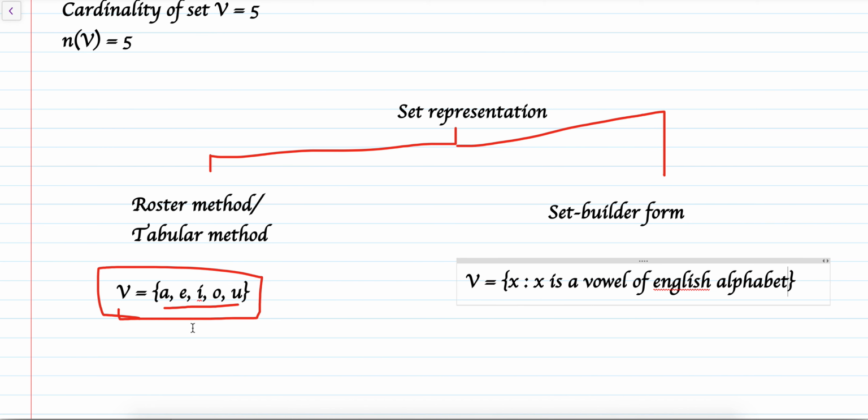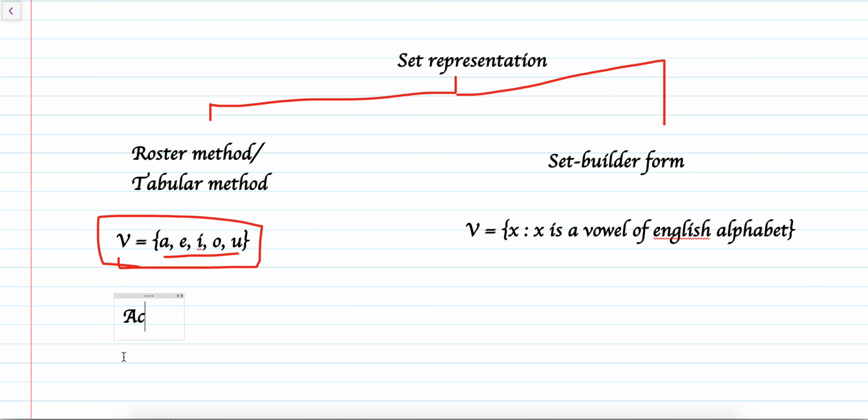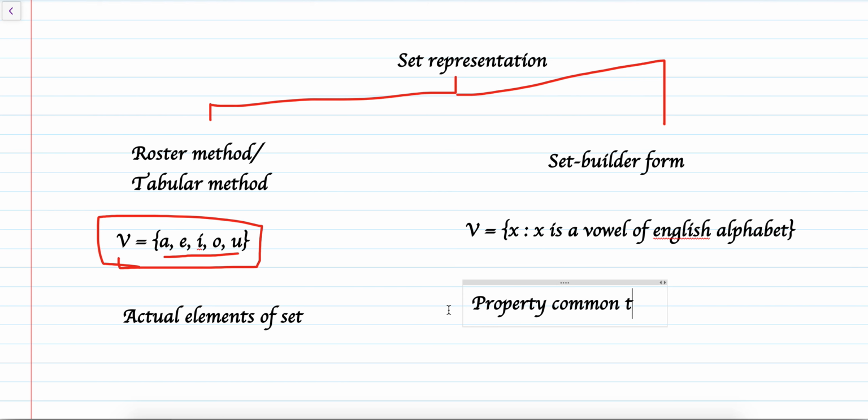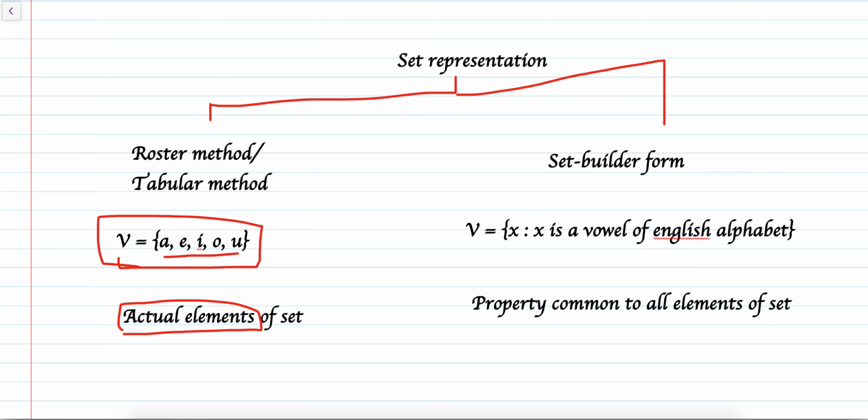So here we are actually writing the elements. Here we are writing the property that is common to all the elements. So here we will write the actual elements of the set, and here we will write the property common to all elements of the set. So this is the main difference.